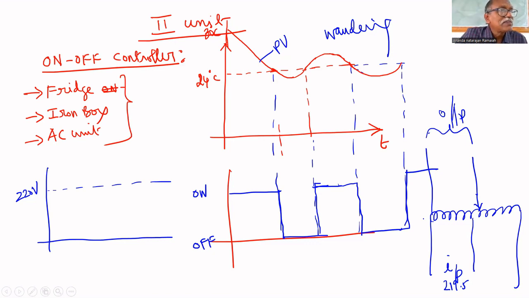What will happen? 220.5. It exceeds. The controller will try to reduce. It reduces one winding, again it becomes 219.5. Again it will increase, it becomes 220.5. So it oscillates between these two. That is called chattering.